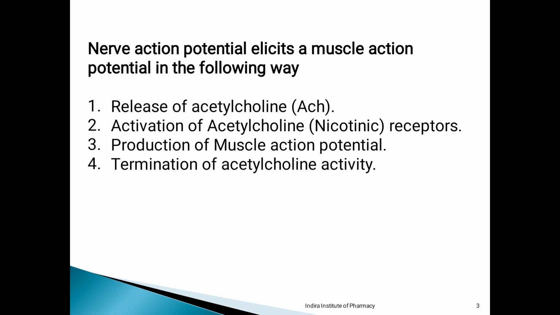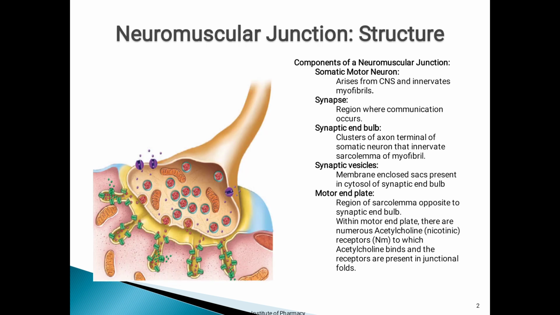Second is activation of the acetylcholine receptor. Third, production of the muscle action potential. And the last step is termination of acetylcholine activity. So I'll explain that with the help of the same diagram.